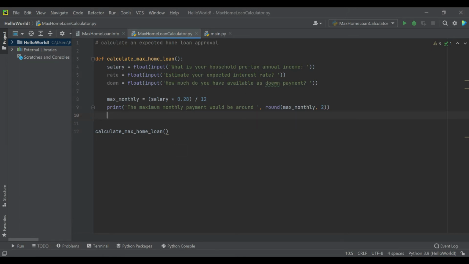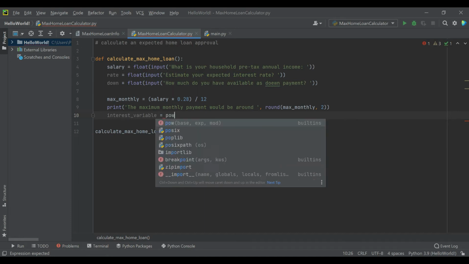But that's kind of cool. We got to a maximum allowable monthly, but now we have to actually calculate what that would come out to in terms of total value of the home. So there's a factor that's pretty important in calculating this that we'll call interest variable, because it gets used twice in the formula for it.